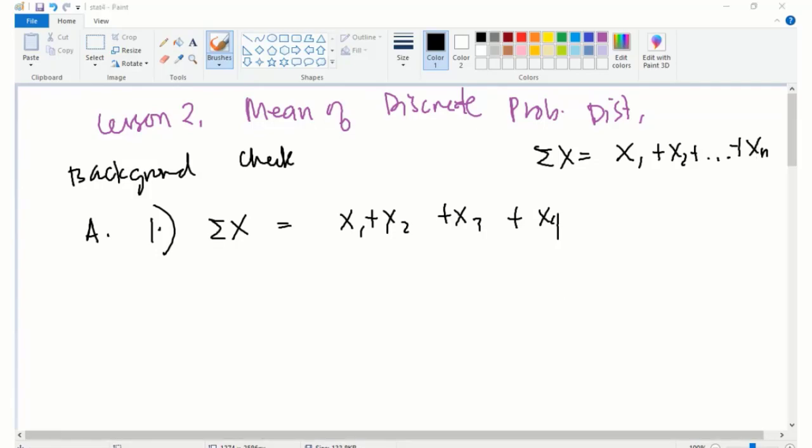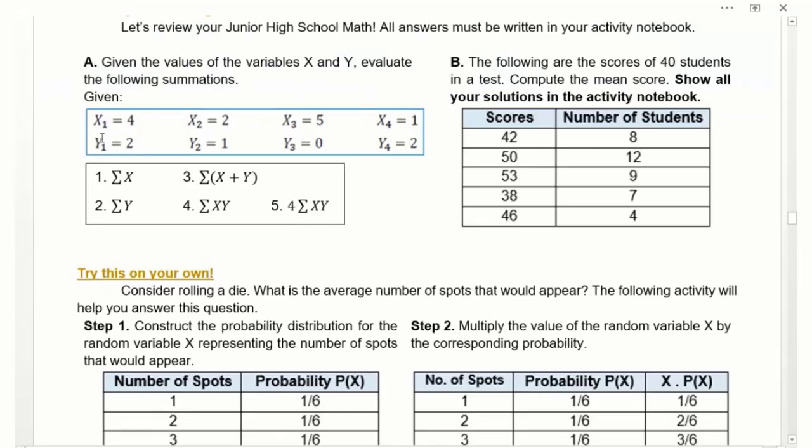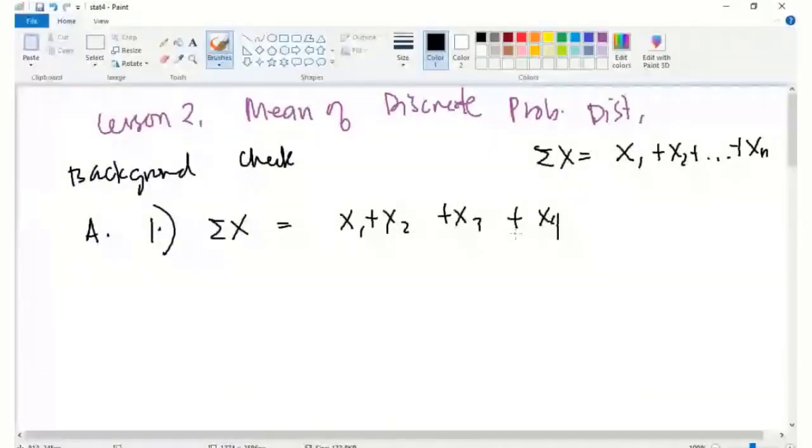In this example, hanggang 4 ang ating element, so pwede nating isulat agad-agad. But there will be time na hindi lang hanggang 4 yan. It might be 100, 500, or 1,000 elements. That is why, in reality, it should be x sub n. Okay?